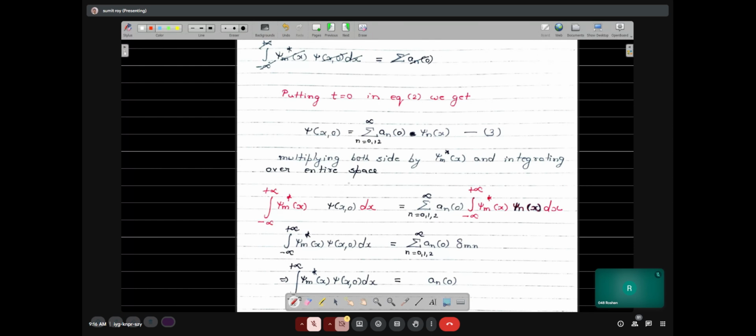We have multiplied with psi m conjugate and then we are integrating it over the entire space. So this an has been taken out and it is psi m conjugate psi n dx integrated from minus infinity to plus infinity. Do check, will this reduce into this delta function?